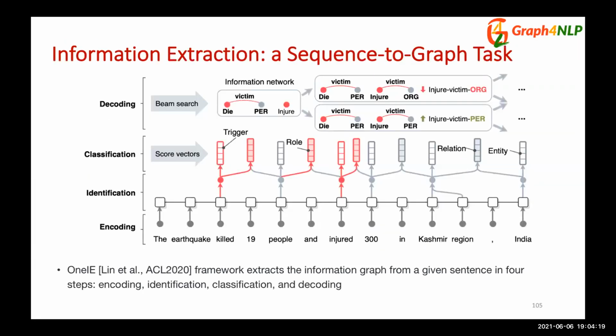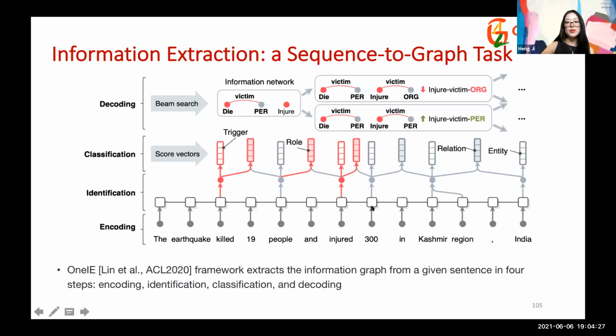Okay, so as I said, the typical information extraction framework looks like this. We have a sentence as input, and for each token, we have some sort of embedding representation. For example, you can use BERT embedding to represent every token. So for example, the token 19 here will have a different meaning from 300. And then we do beam search to decode a graph from this input vector.